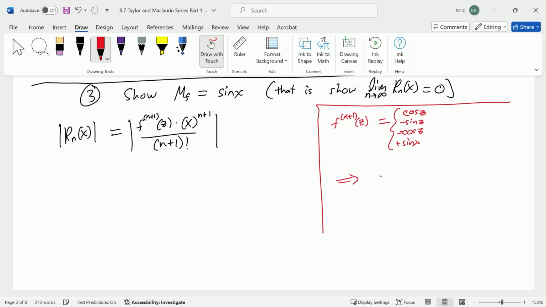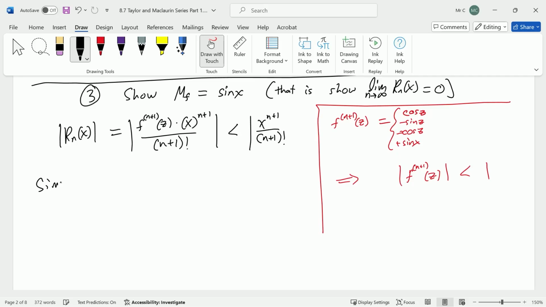And what does that tell me? That tells me that the magnitude of the n plus 1 derivative is always less than or equal to 1, because sine and cosine have maximum values of 1, and making them negative doesn't change the magnitude. So this thing is bounded by 1, and that tells us that the absolute value of our remainder formula is bounded by the absolute value of x to the n plus 1 over n plus 1 factorial.